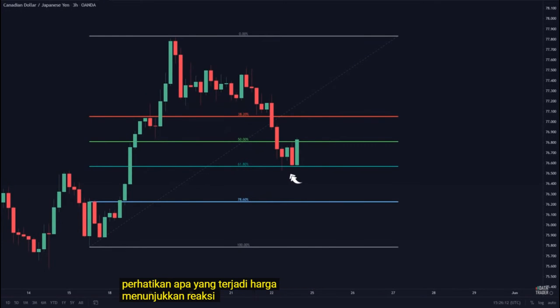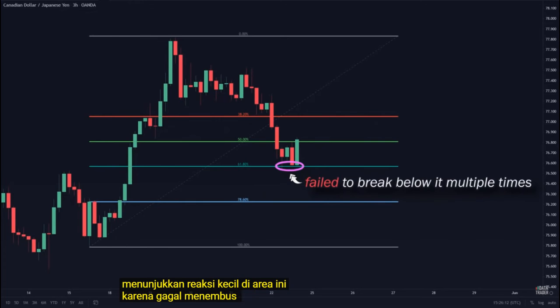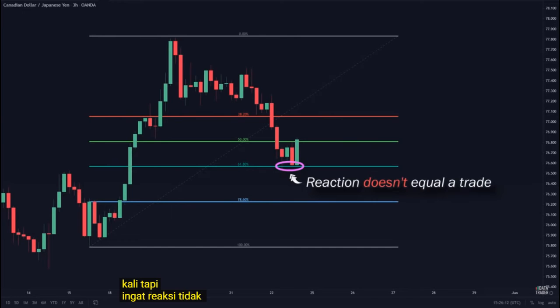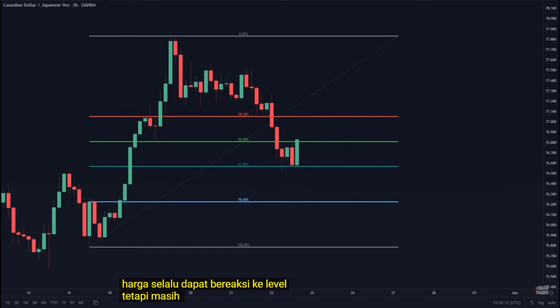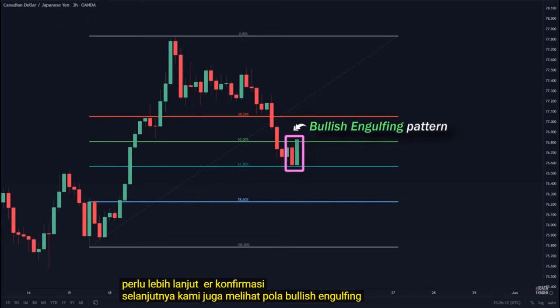Now, as price approaches the 61.8% level, notice what's happening. The price showed a small reaction at this area as it failed to break below it multiple times. But remember, a reaction doesn't equal a trade because price can always react to a level but still break right through, and so you need further confirmation. Next, we also spotted a bullish engulfing pattern, which is when the second candle's body completely covers the previous candle.